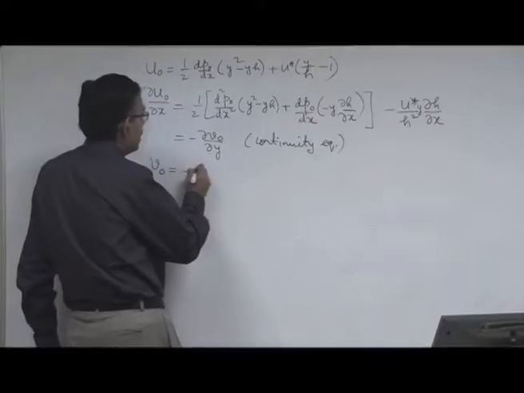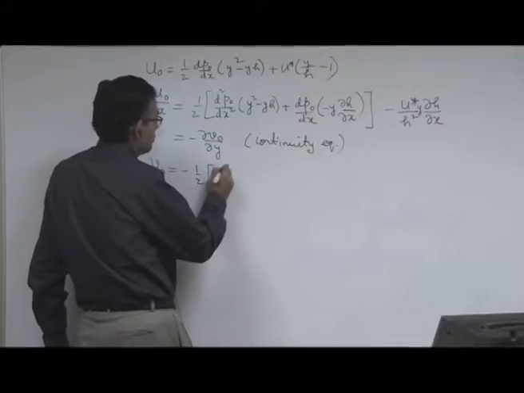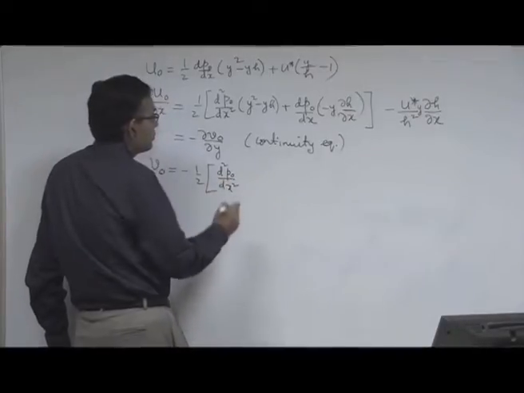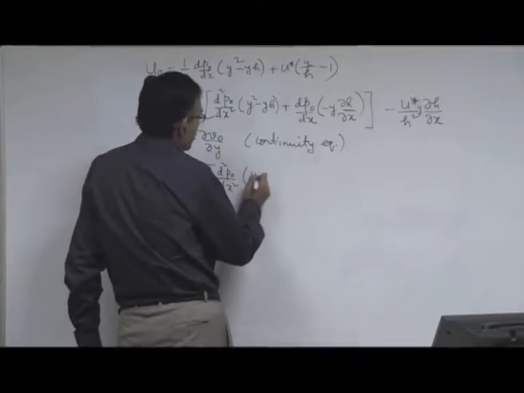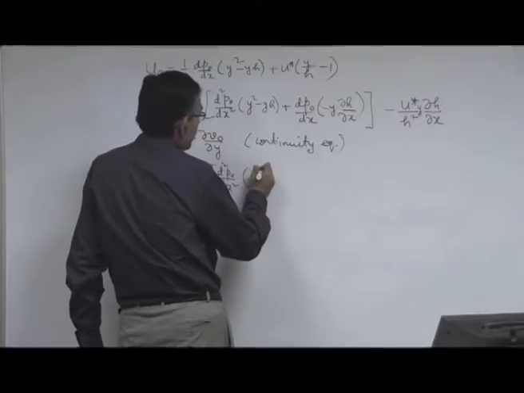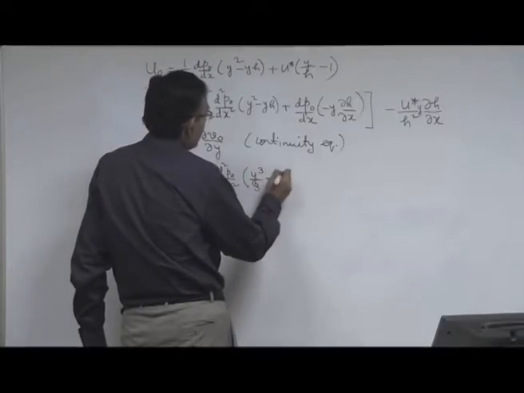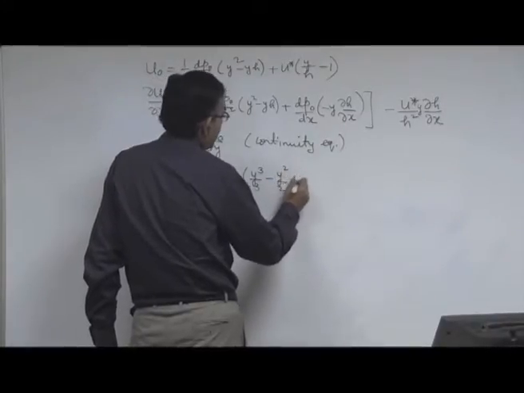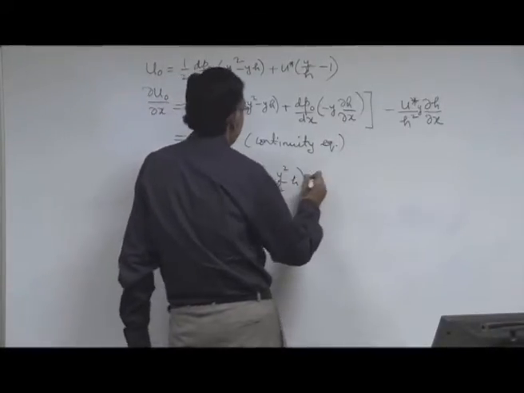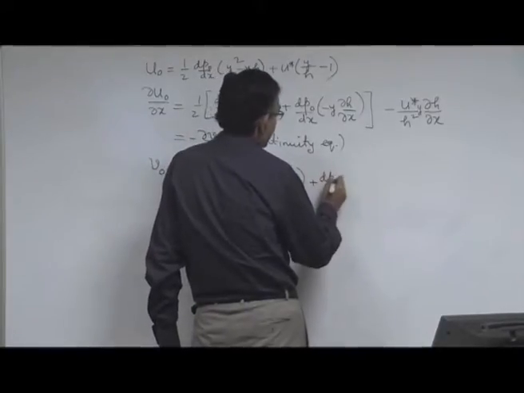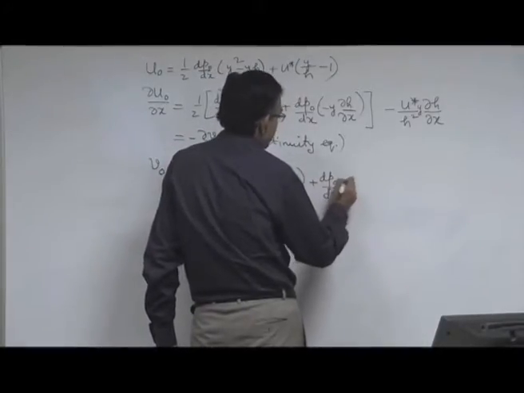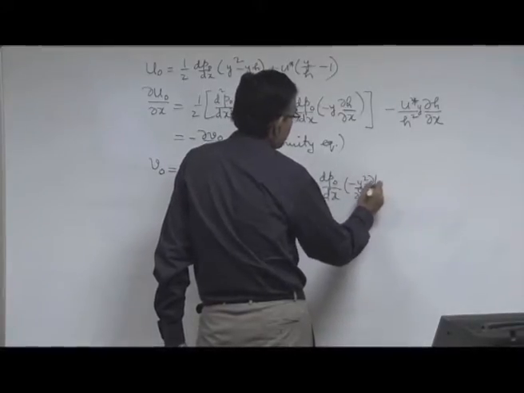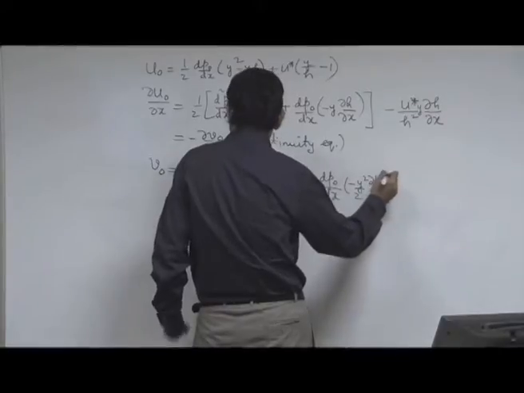So, minus half, this is y cube by 3 minus y square by 2 h plus dp0/dx to minus y square by 2 del h del x.